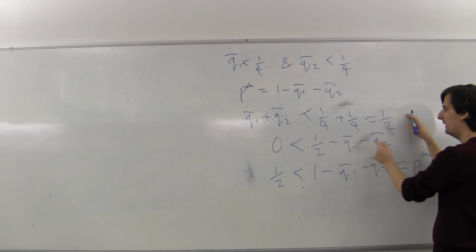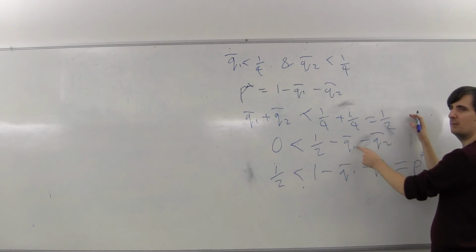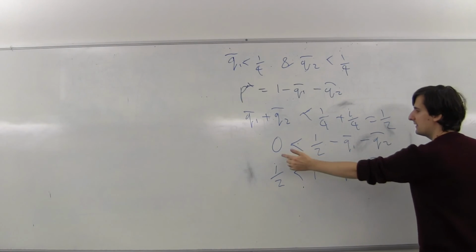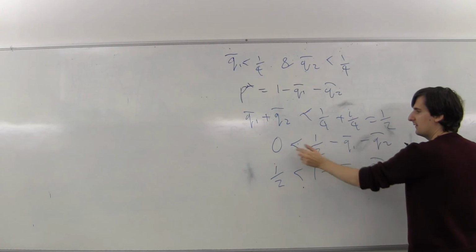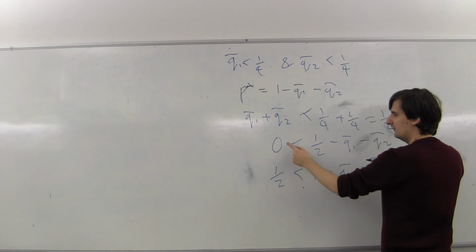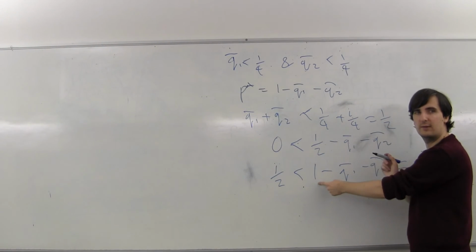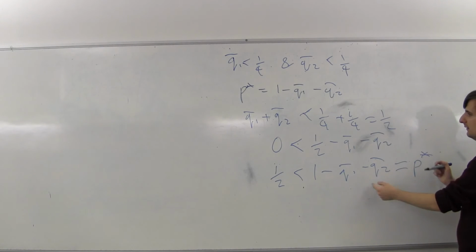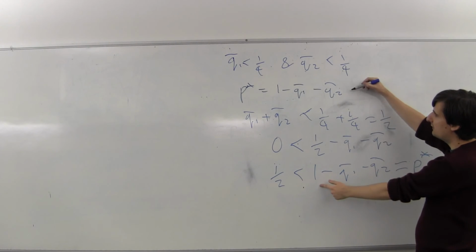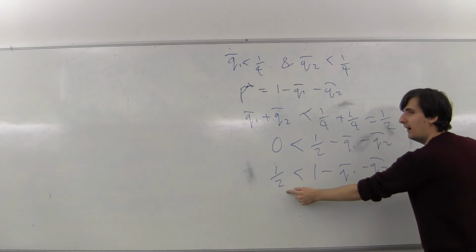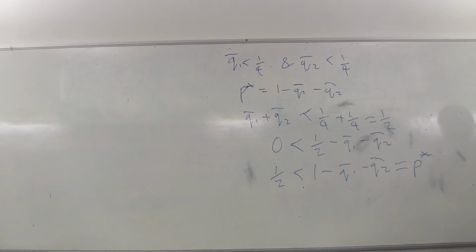When we subtract Q1 bar and Q2 bar, we get a half minus Q1 bar minus Q2 bar. That makes sense? And now we just add a half to both sides of the equation. So 0 plus a half is a half, half plus a half is 1. So this is 1 minus Q1 bar minus Q2 bar. Well, this thing was our definition of P star. So this is P star. So that says that half is less than P star.